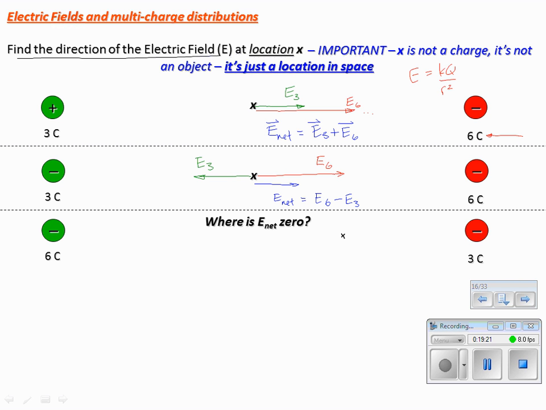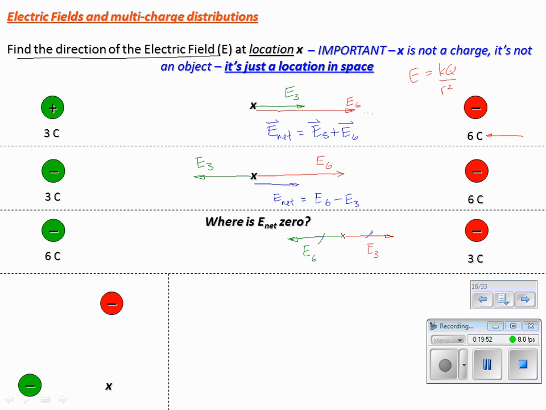Stronger charges typically make stronger fields, but when you're farther away from them, their fields are weaker. We'll call that E6. Over here, weaker charges typically make weaker fields, but we're closer to this one, so it could be the same thing. So somewhere over here, right of the midway point, we can get those two fields to be equal and opposite, and therefore a net electric field of 0.